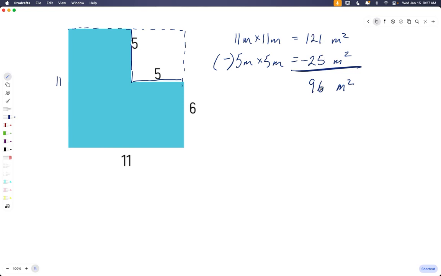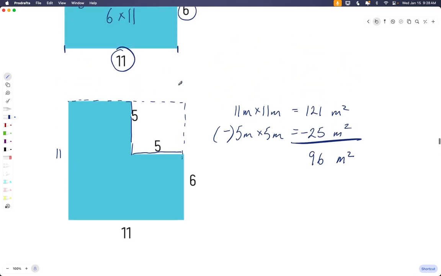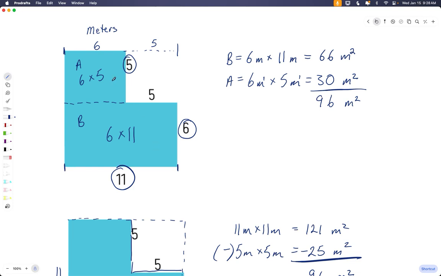So either way that you do it, either by looking at the whole thing and subtracting the part that's taken away, or by breaking it into two shapes and adding them together, that's the addition method or the subtraction method. Either way, you're going to get the same number if you look at your dimensions correctly, if you take the time to find relative dimensions or corresponding dimensions.